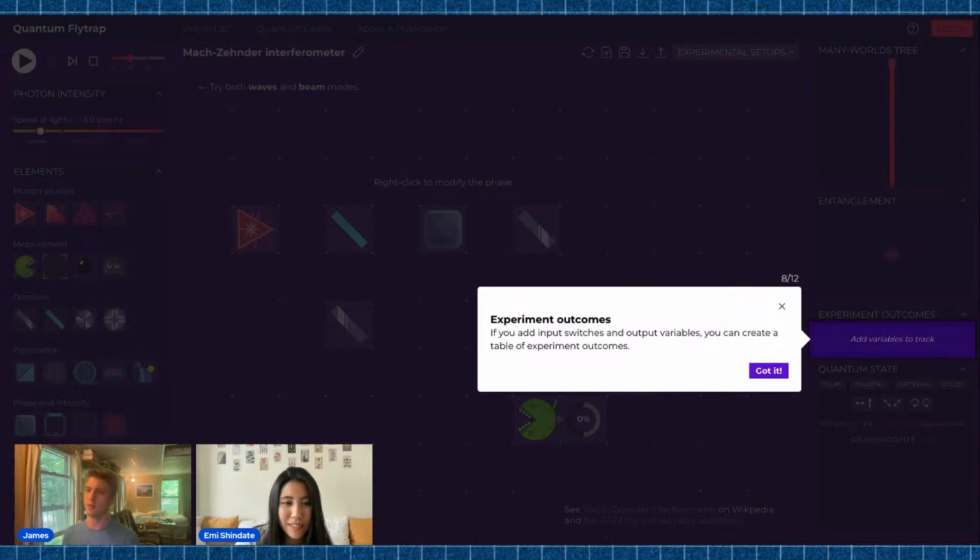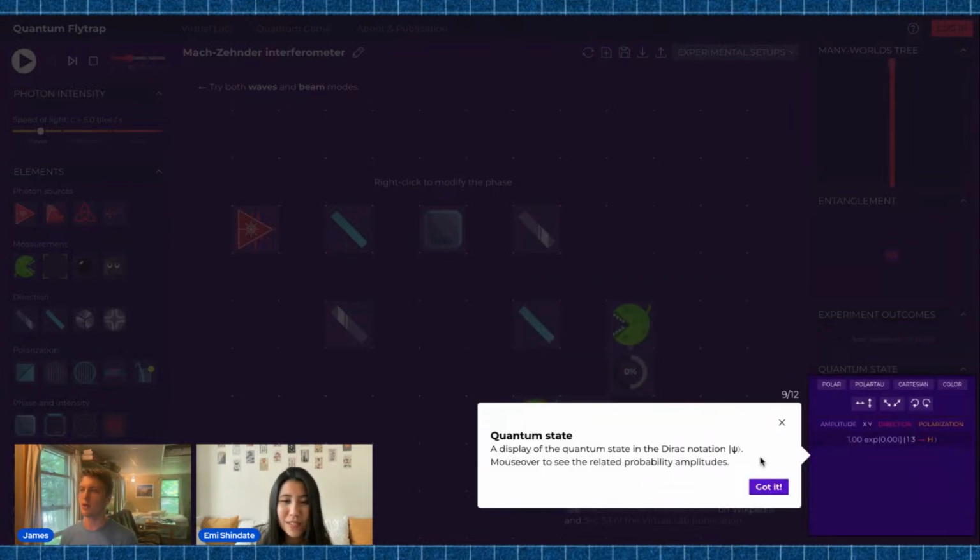I'll show you another time. Now we're on how it looks for me, but yeah, now we're back on the tutorial. Okay, cool. So, got it. Input. Oh wait, sorry. We went back. How do I get back? There's something about input and output switches, but we can go back and look at it later. That's fine. Oh dear.